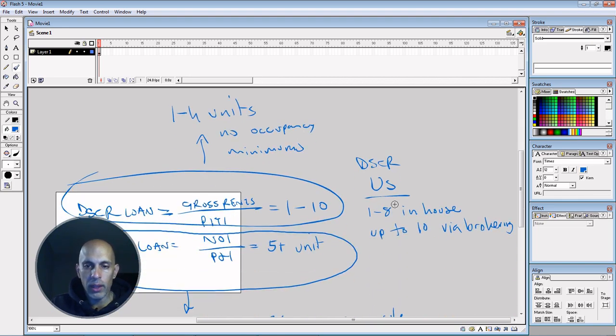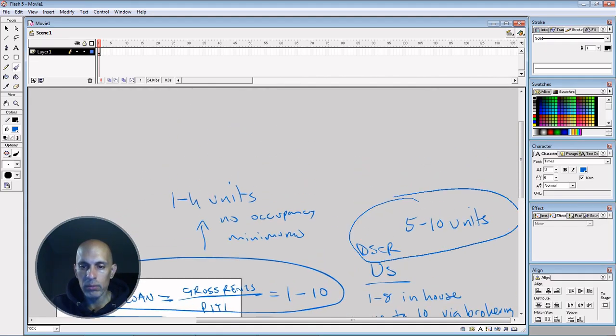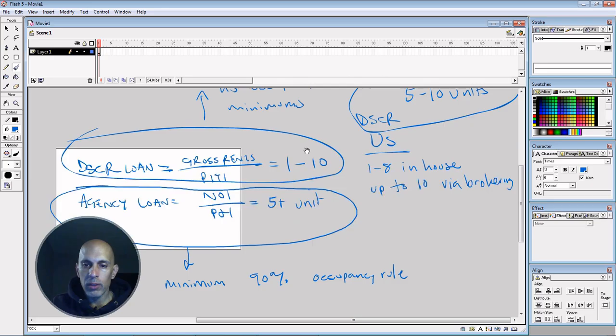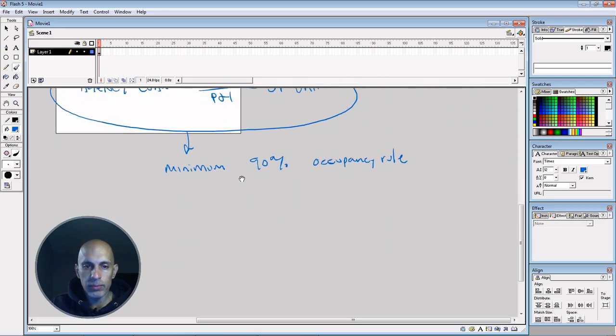And for these, even up to 10 units, or rather 5 to 10 units, whether we are brokering or doing in-house, our max vacancy is 2 units.